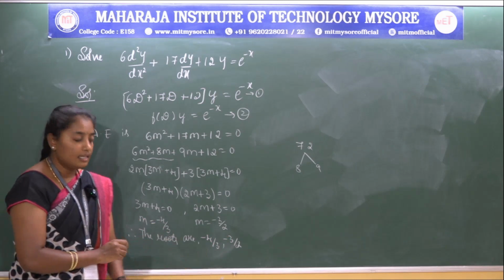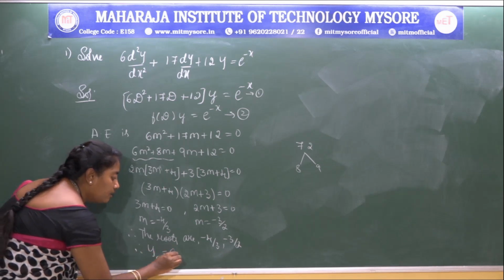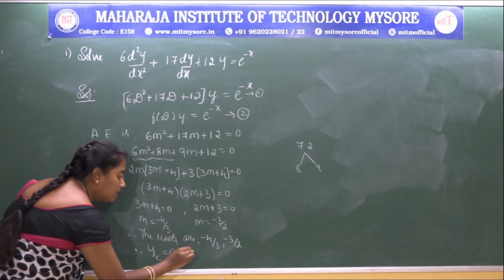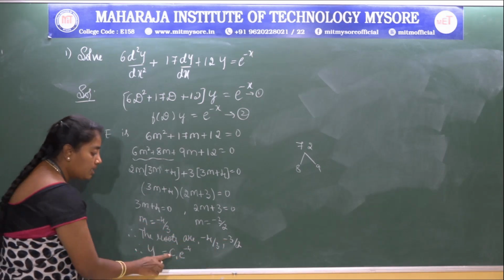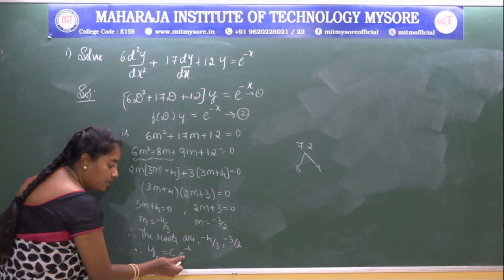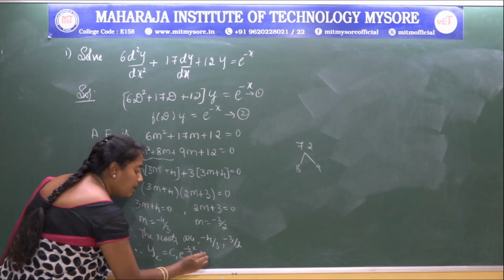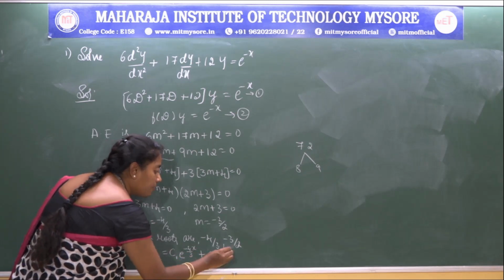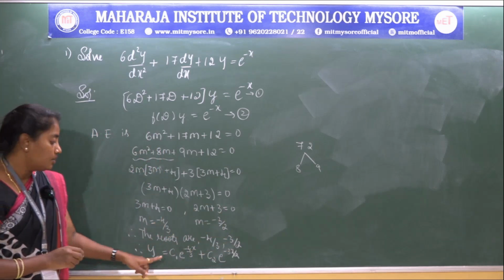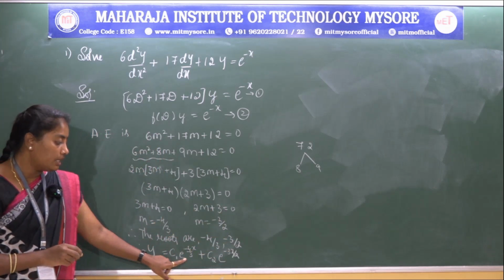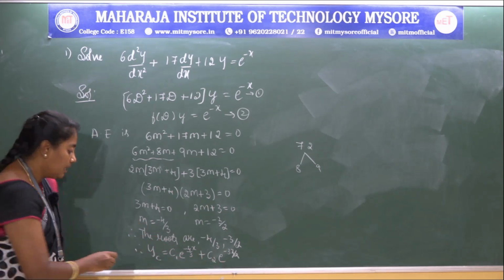For real and distinct roots, the complementary function, that is yc, is equal to c1 e to the power of, since we have two roots, we have to select two constants c1 and c2. c1 e power of minus 4x by 3 plus c2 e to the power of minus 3x by 2.